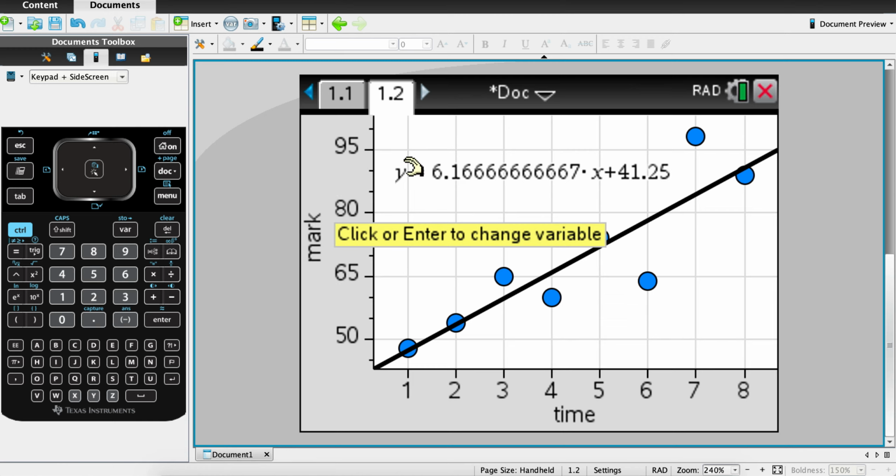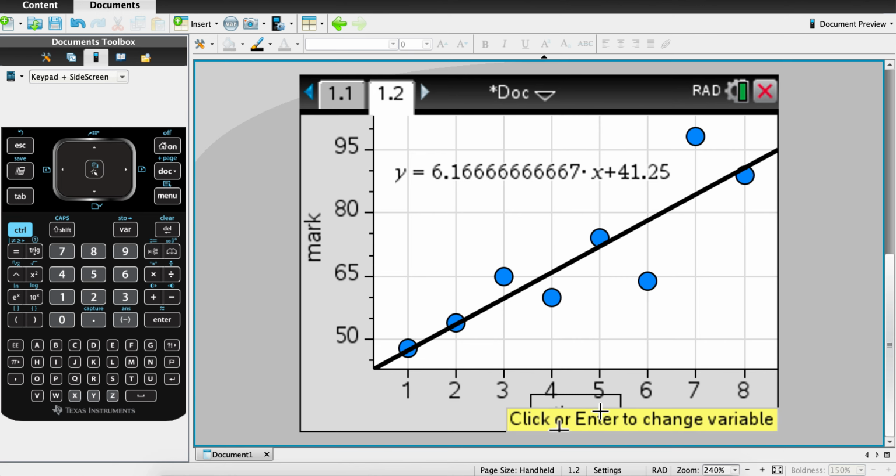So you'll actually write mark equals. You'll have to round this off generally. So look in the question for how many decimal places you need. Probably just 2 would be enough, given that this has come out as 2 decimal places. I wouldn't use X, I would use time.